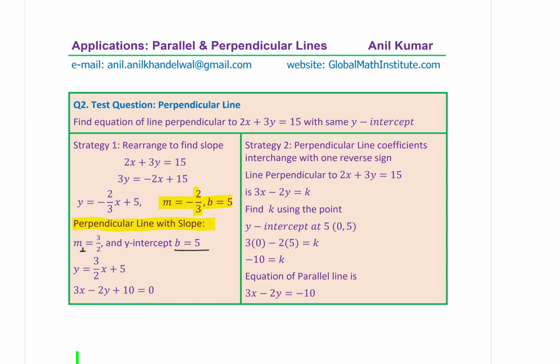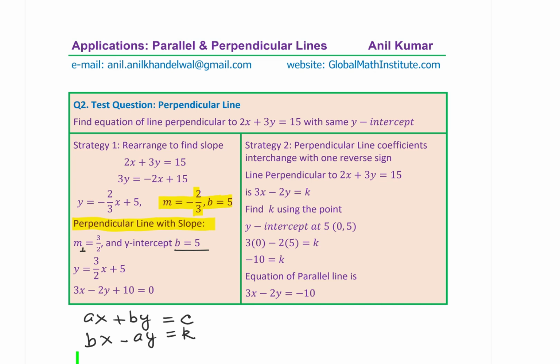What do you notice? Well, you notice one thing: if the equation is ax plus by equals, let us say, c, in that case, perpendicular lines will be bx minus ay equals k. Do you get the idea? So that is how you could rewrite the equation.